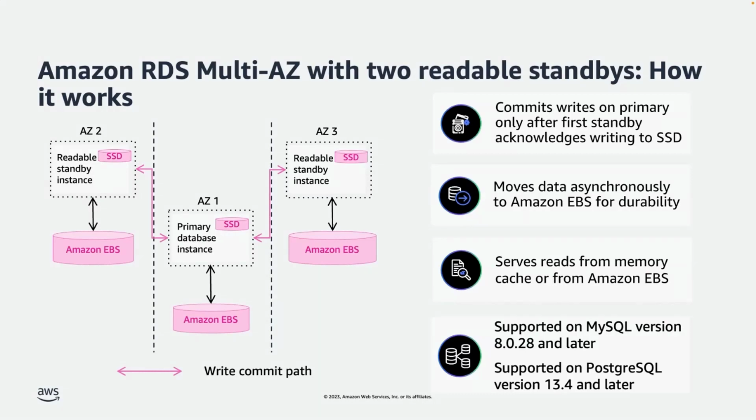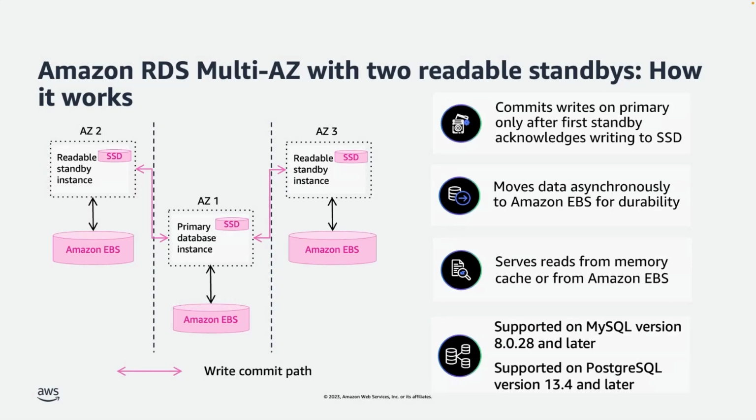Whenever your application writes a transaction to AZ1, which is our primary instance, using our cluster endpoint, first it writes to the local disk on the primary, and it sends the transaction to both the standbys. Once both the readable standbys receive this transaction, we wait for at least 1 reader DB instance to send us an acknowledgement. Once we receive the acknowledgement, we commit the transaction on the primary instance.